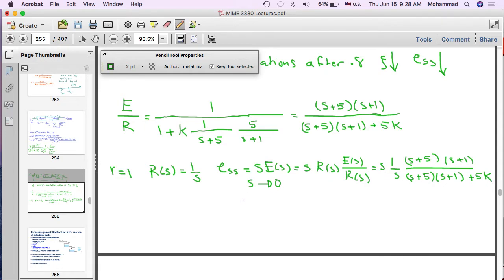So error steady state, therefore, is equal to, from the numerator, we get 5. And from the denominator, we get 5 plus 5k. That is error steady state for a unit step input.